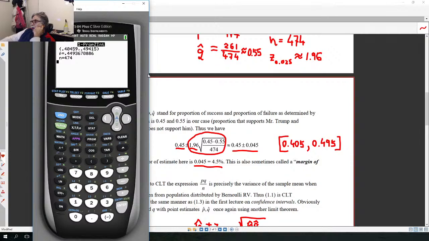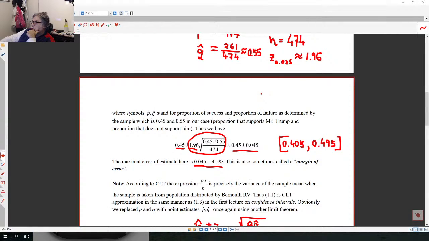By the way, your calculator is not telling you what the margin of error is, but you should know that when you have a confidence interval, in the middle of that interval is your point estimate, which in this particular case is p hat, right? And at the end of that interval you are adding or subtracting, and that's the margin of error, or the maximum error of the estimate, that's what we call it.